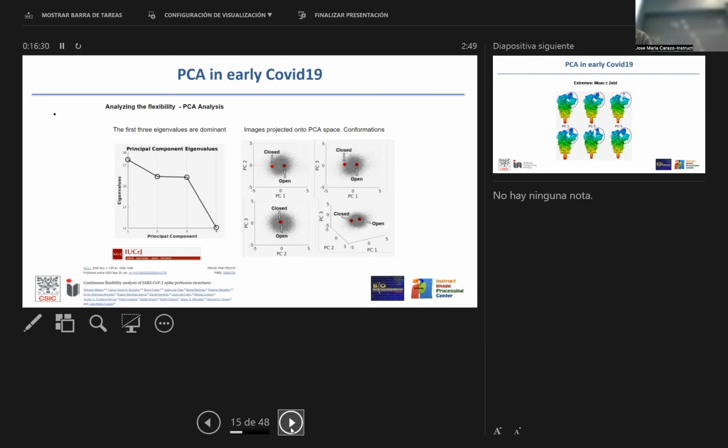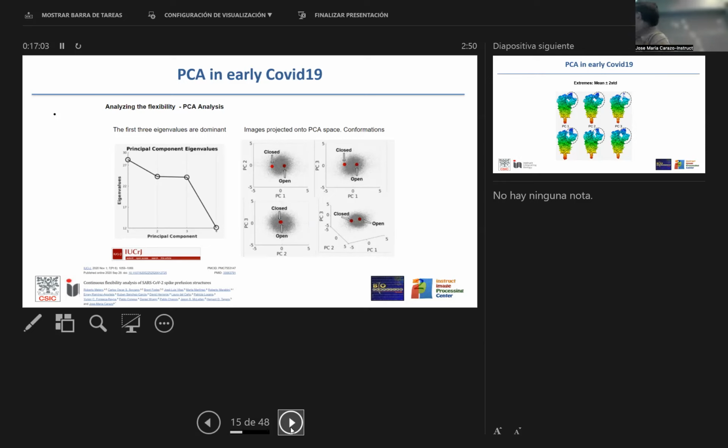So it's slightly more complex than having 3D maps and getting a PCA of these 3D maps. Here we have images and we get a PCA of the maps that you do not have, from the images that you do have. So it's a trick. This is what now is commercialized in cryoSPARC with the name of 3DVA. Okay, 3DVA is PCA.